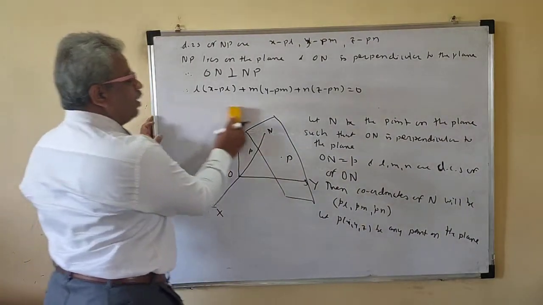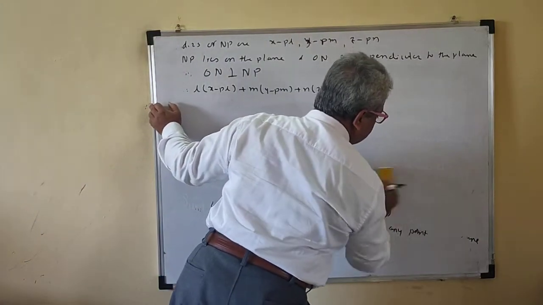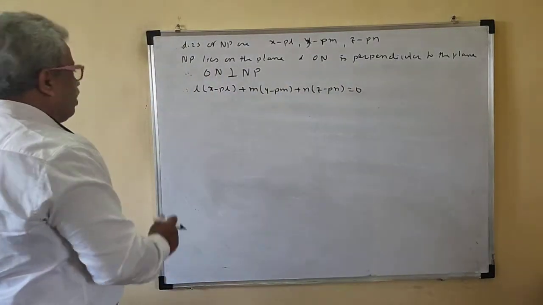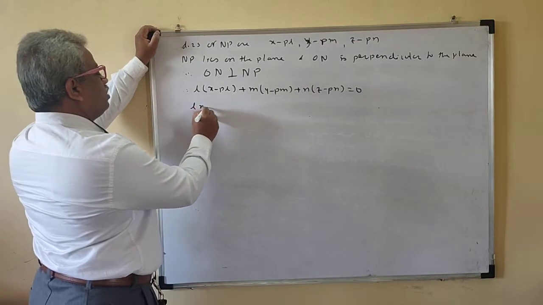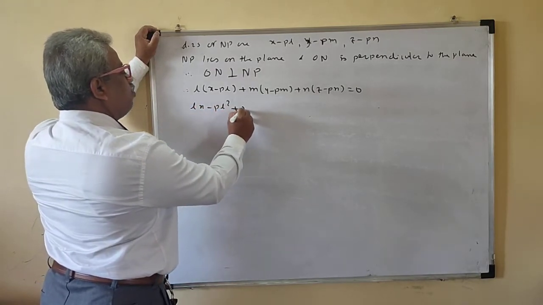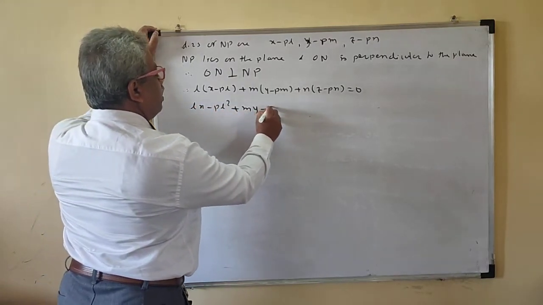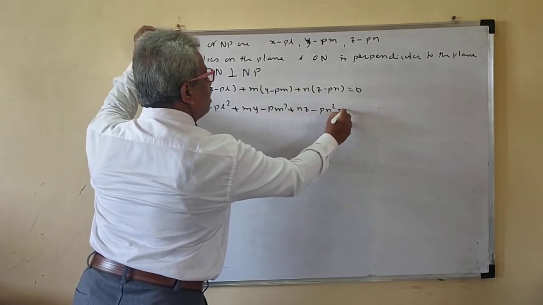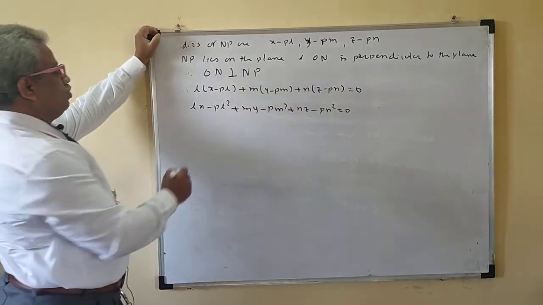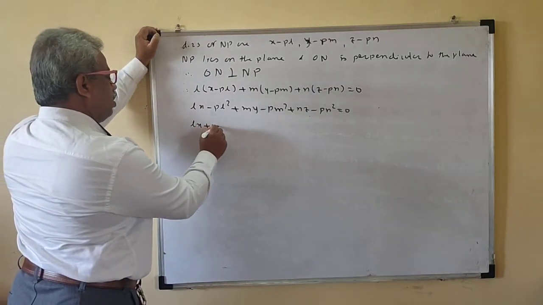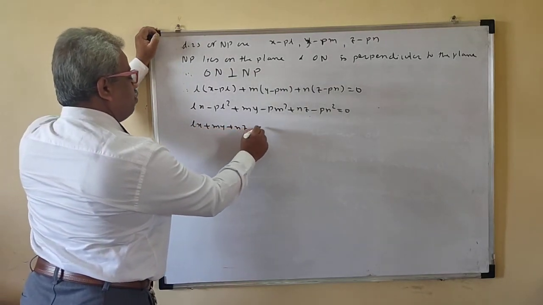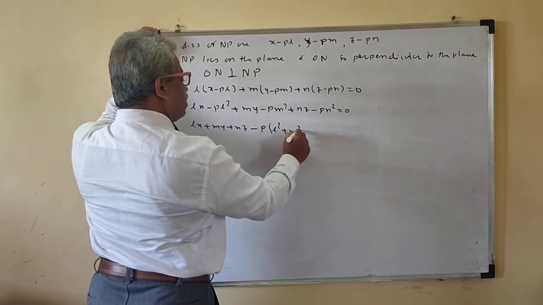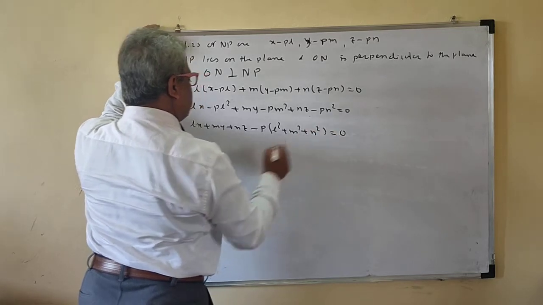Because they are perpendicular, we don't need the figure anymore. Our problem is over actually. We multiply this out: lx minus pl squared plus my minus pm squared plus nz minus pn squared is equal to 0.